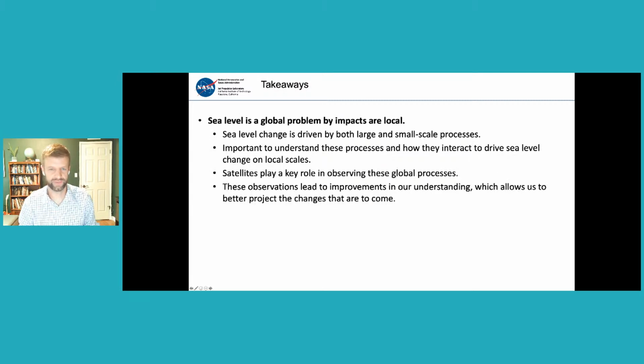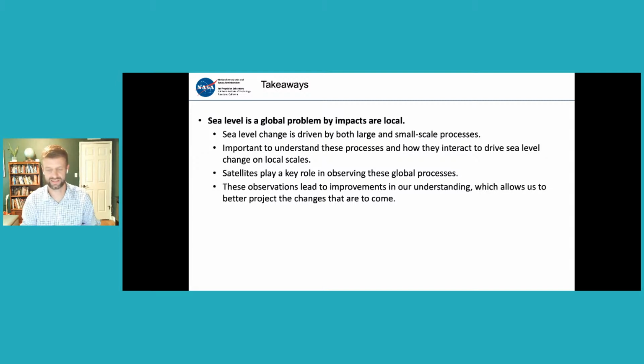All right, this is my very last slide, and I've already touched on these, so I'm not going to dwell on this. Certainly, I want to leave time for questions. But I think it's important to note that sea level is a global problem. The impacts are local, and we really need to make these local assessments that are useful for planning purposes. Sea level is driven by a number of different processes that act on all different scales, from global to very local.